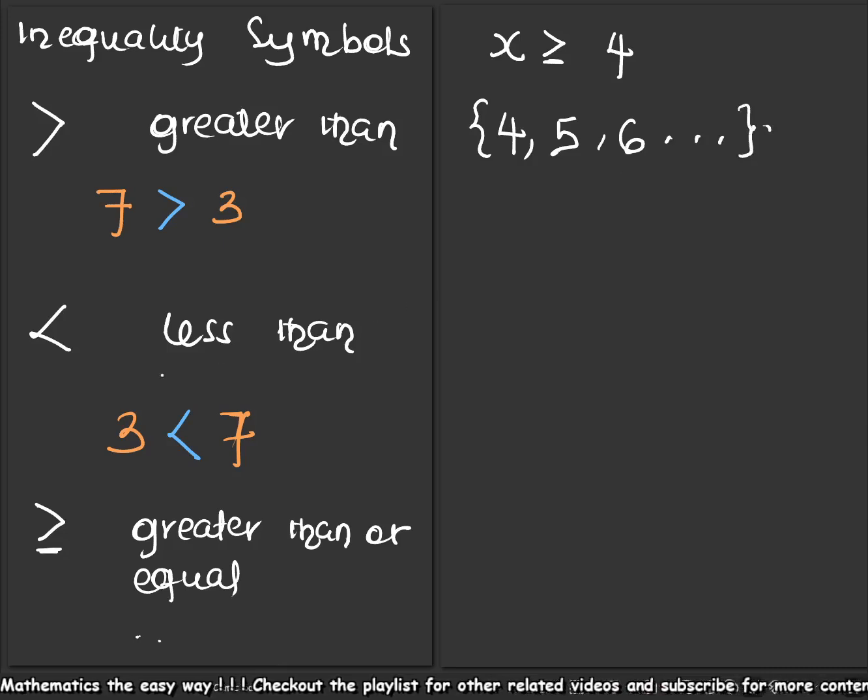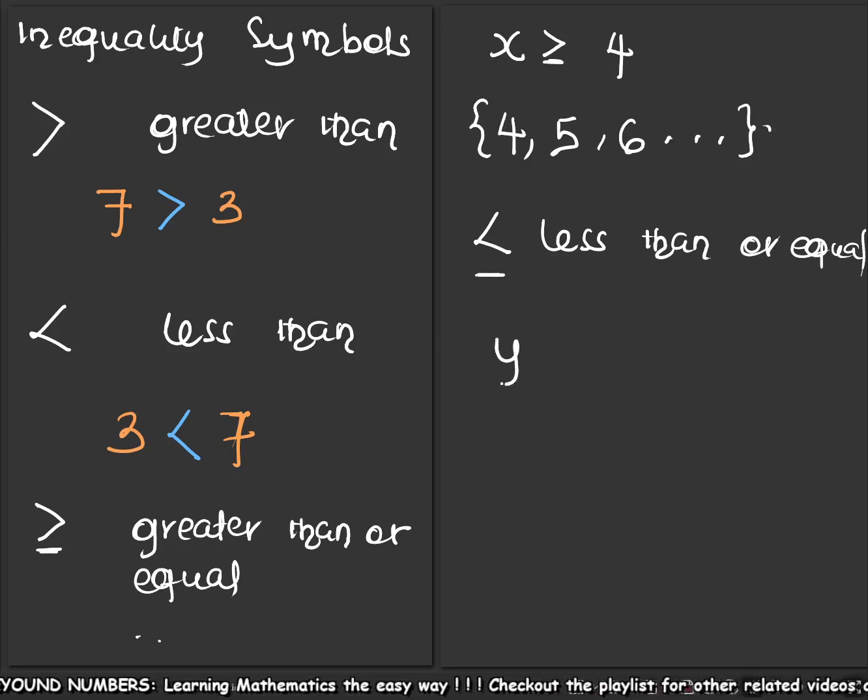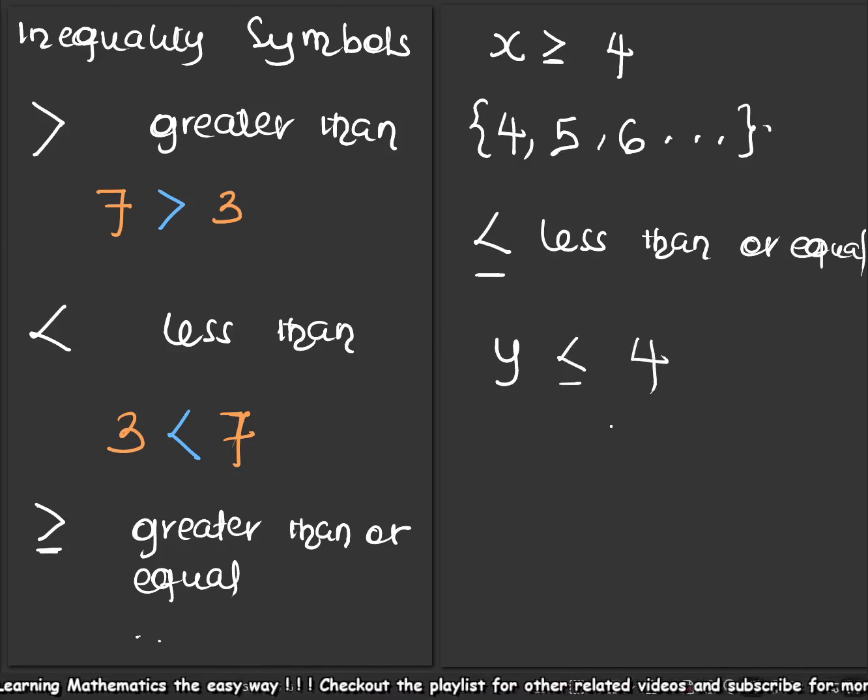On the other hand, the less than or equal to, this one over here, also shows us the same thing. If I have y is less than or equal to 4, then the set of numbers that satisfy this can start from 4.